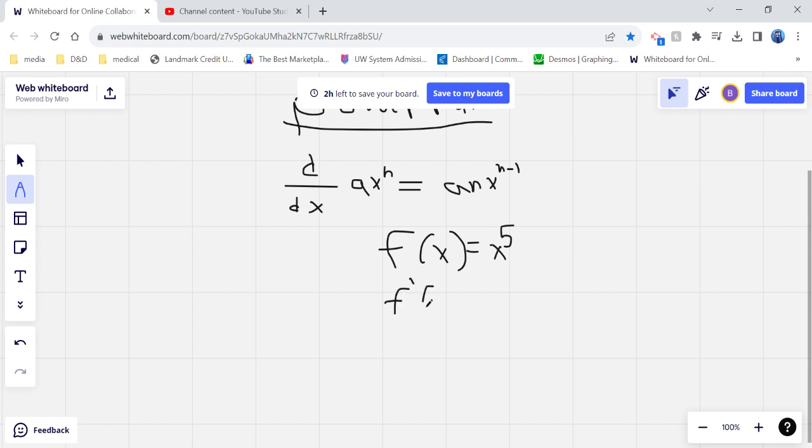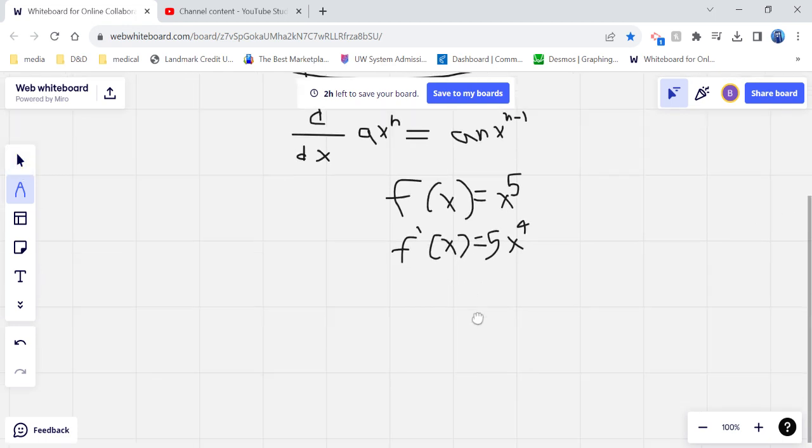You could say that f prime of x would actually equal 5 times x to the fourth. You multiply by this top power, right? You multiply by this power, and you subtract 1. And that's it for the rule.